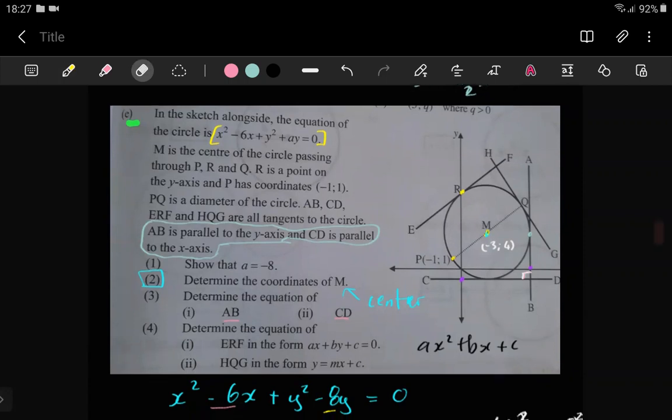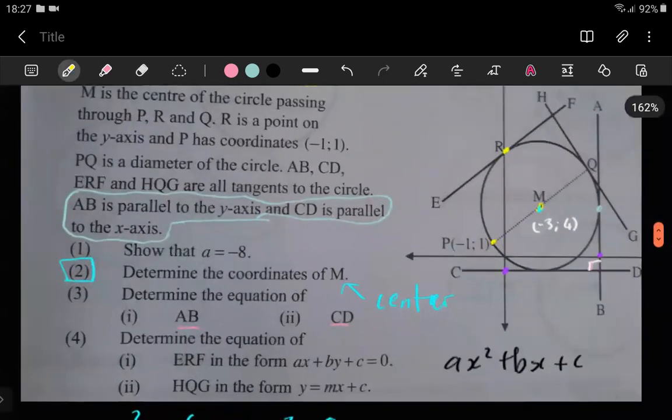What I'm trying to say is, this is CD, and CD is a horizontal line. CD passes a specific y value. Whatever this y value is, it's going to give you the equation of CD, because the equation of CD is just y is equal to whatever y value it cuts there.